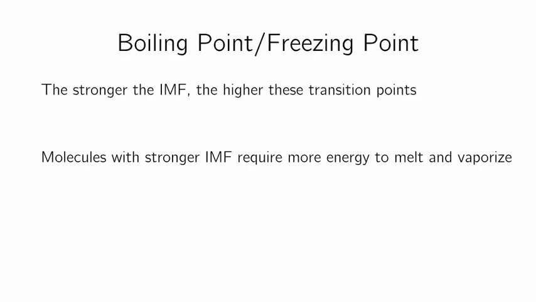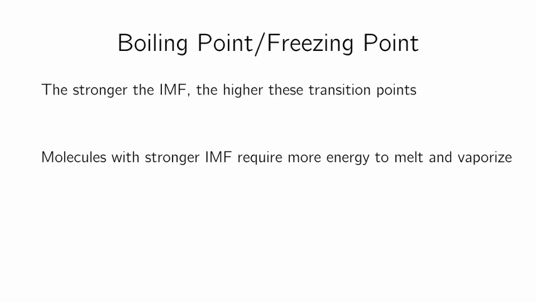Okay, so the last one is boiling point and freezing point. These increase with intermolecular forces as well, because molecules that have strong intermolecular forces need more energy to melt and vaporize. So, if I want to know if something has high intermolecular forces, I look at its standard state.